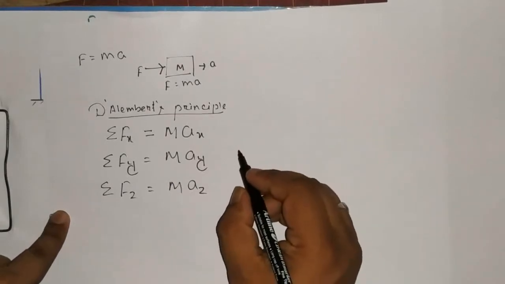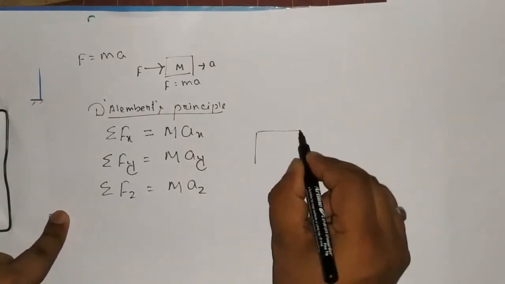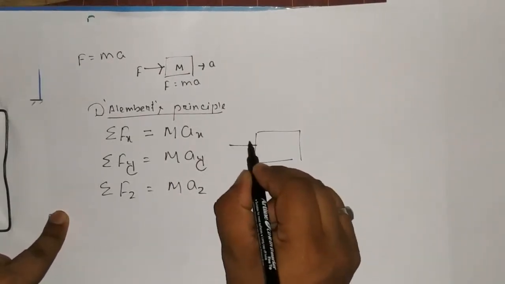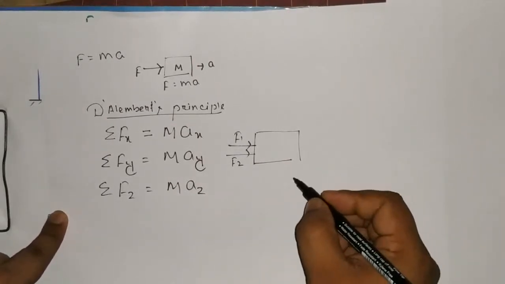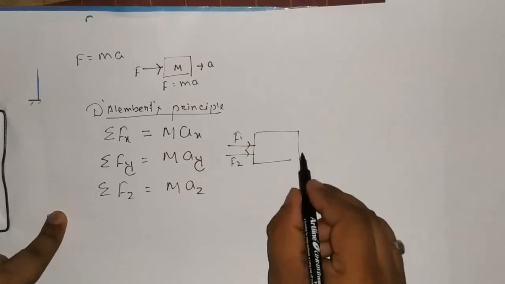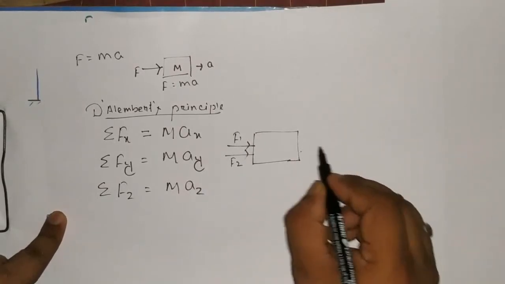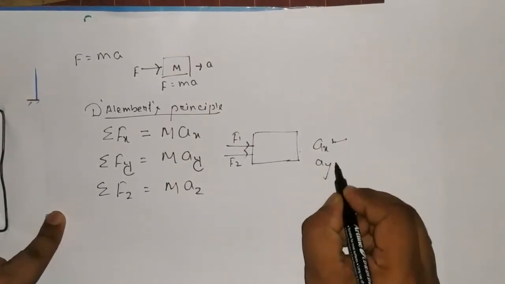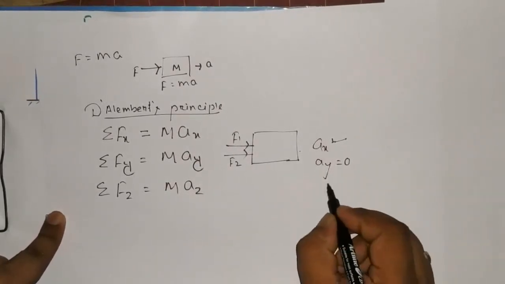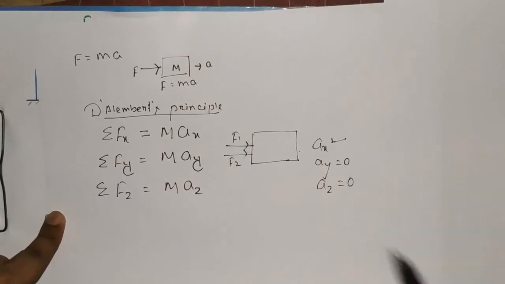For example, I am writing here a body. Suppose this is F1 force, this is F2 force. That means here acceleration will be there along which axis? Only x-axis. That means I will get ax exists, ay is not there, az is also not there.